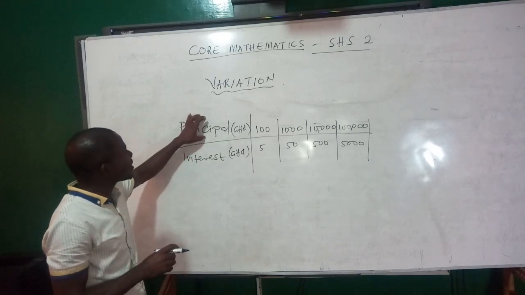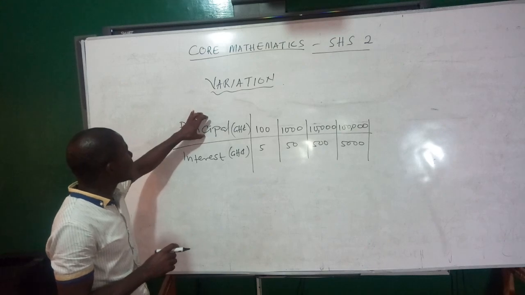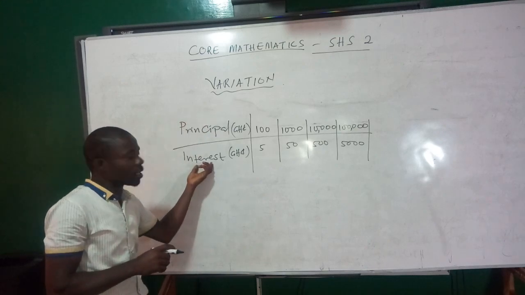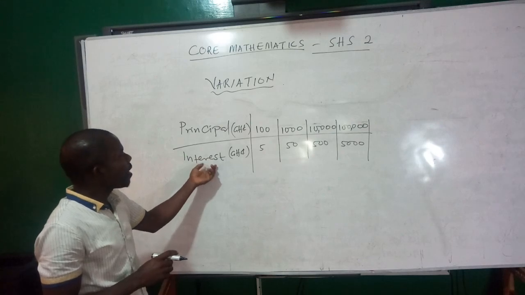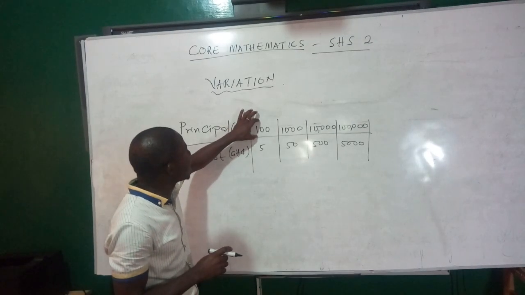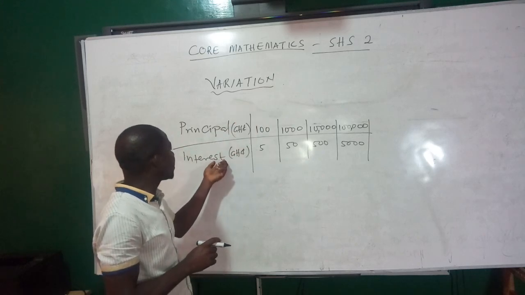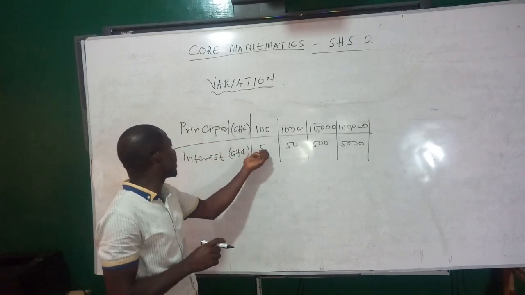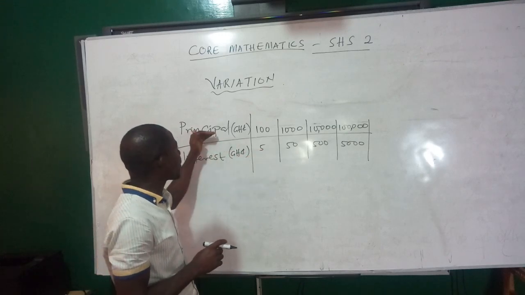So looking at this, we can see that the principal is directly proportional to the interest. Whenever the principal is increased, there is a direct increase in the interest. So this is an example of direct variation.